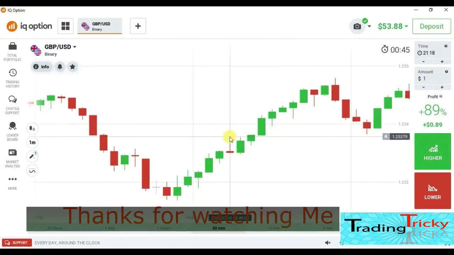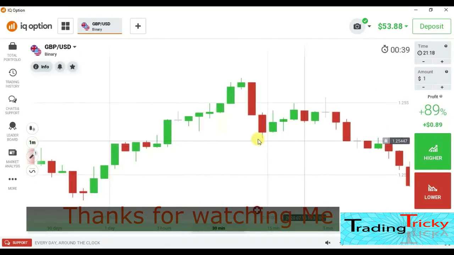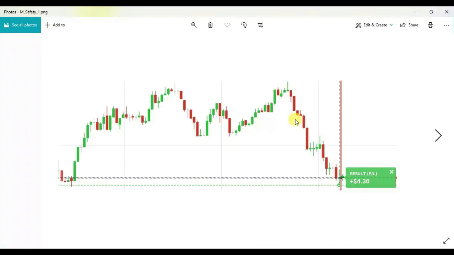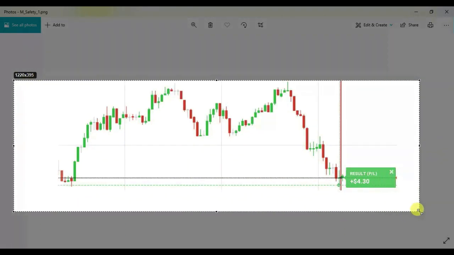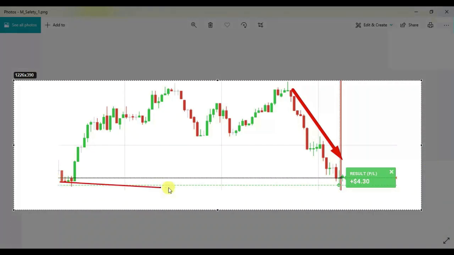So now I will show you some trades that I took using price benefits, so that you will understand more clearly where we should use the price benefit. Okay, here is the chart, you can see where I have used the price benefit. As you can see, this is a minor downtrend, but this is an extreme level.